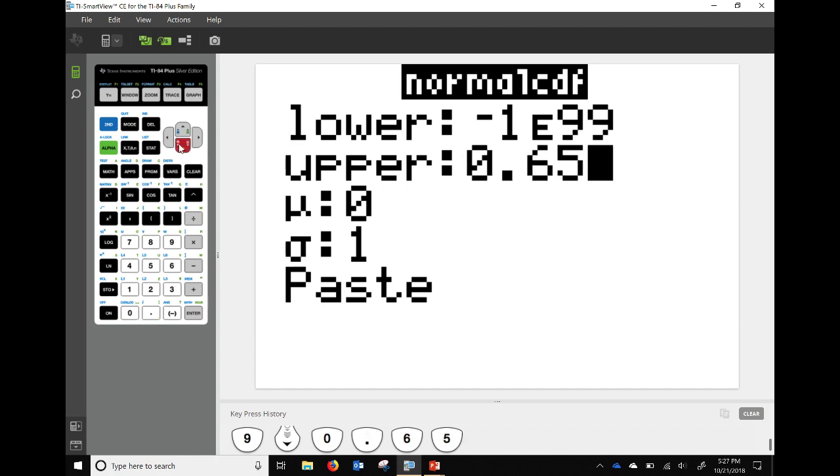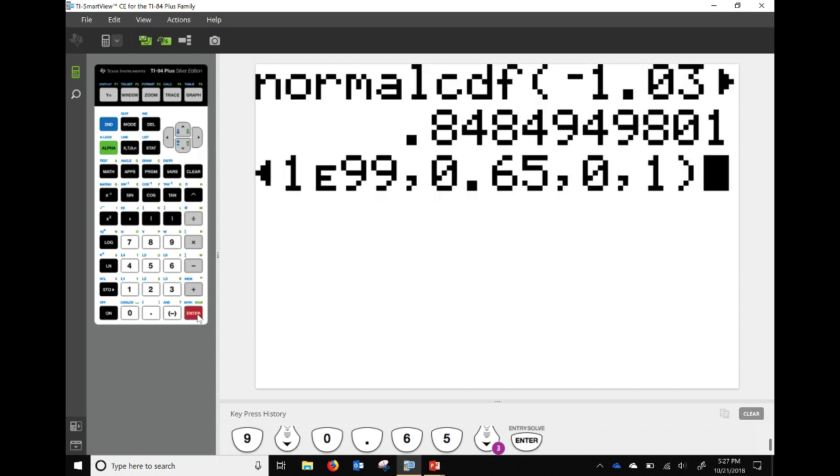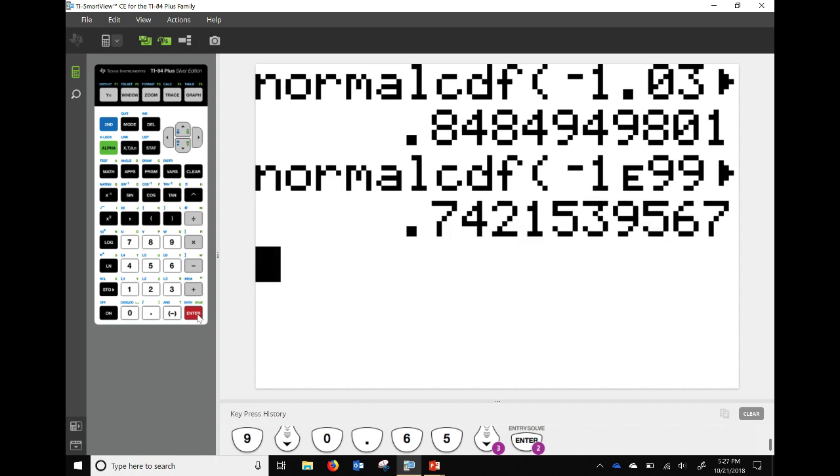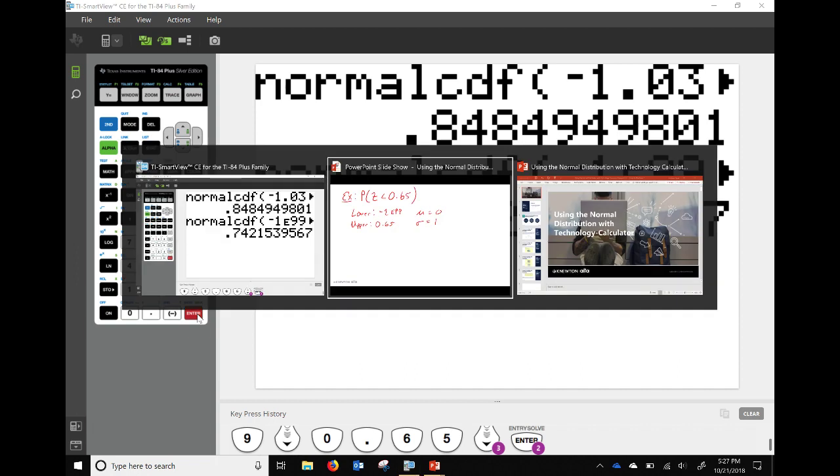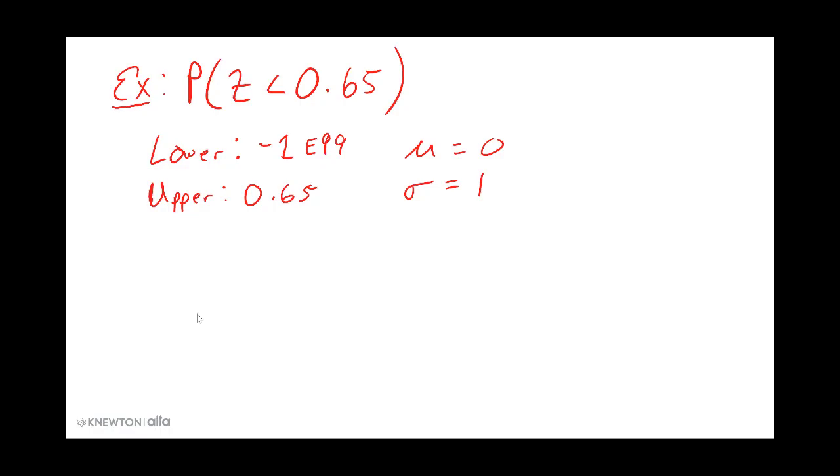And the mean stays the same, 0. Standard deviation is 1. Paste that to the home screen. Or if you're old school, remember you do the comma separated. Hit enter, and 0.742. So this equals 0.742.